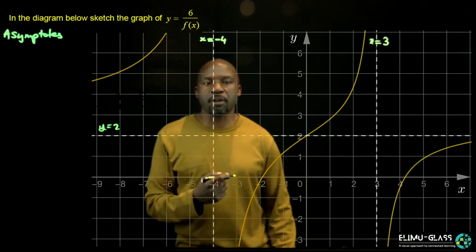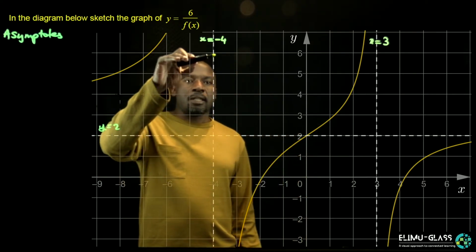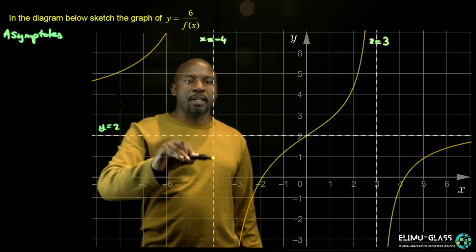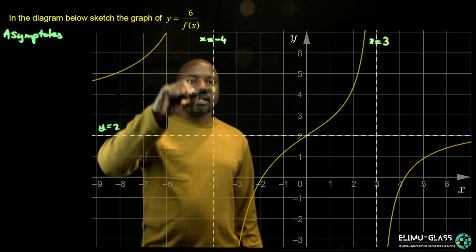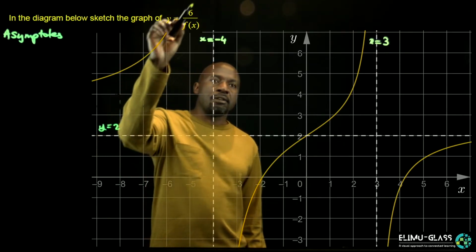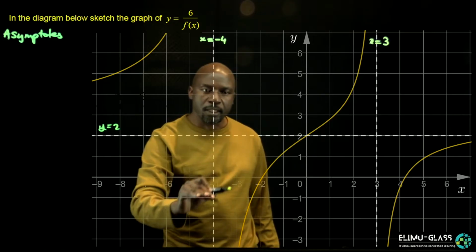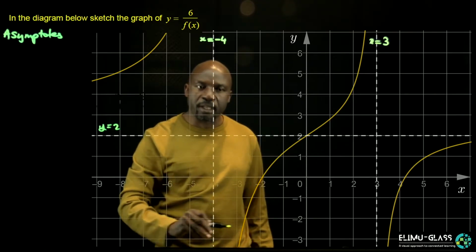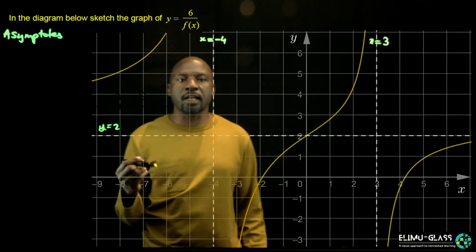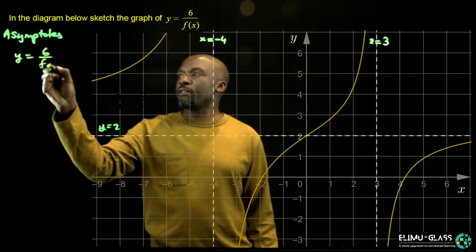Now let's think about this in terms of the function that we have. At x equals negative 4, this being an asymptote implies that the value of y increases to positive infinity, and on this side it decreases to negative infinity. Let's think about that in the context of the function y equals 6 divided by f of x.